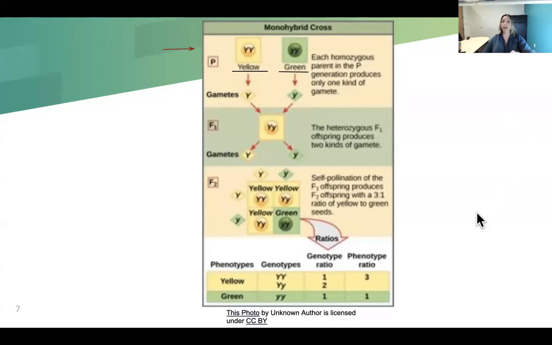The yellow seed plant is big Y, and the green seed plant is little y, little y. These are what we call true breeding because they are homozygous. So homozygous individuals are true breeding individuals.